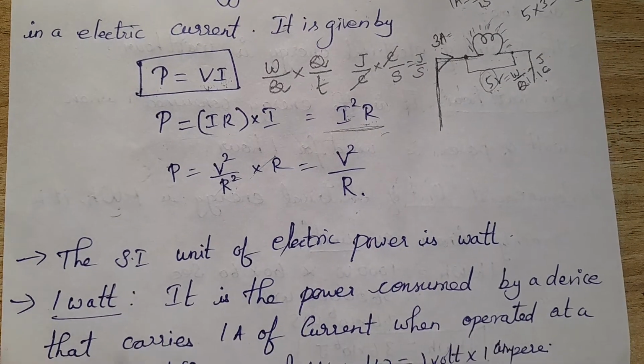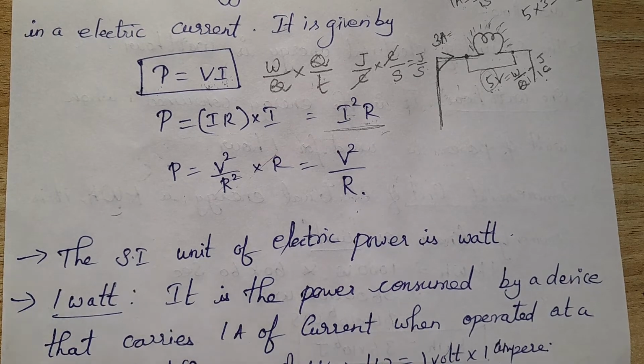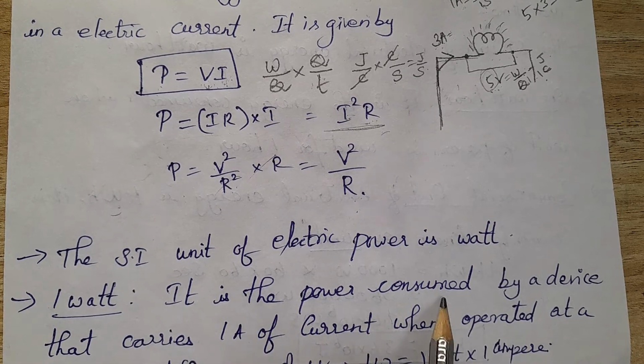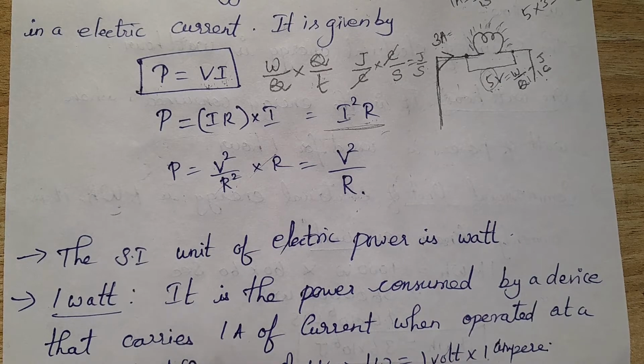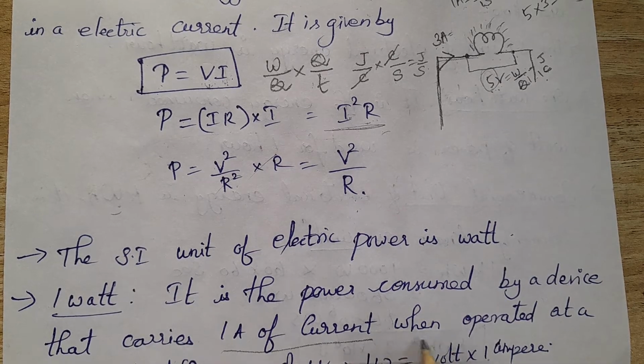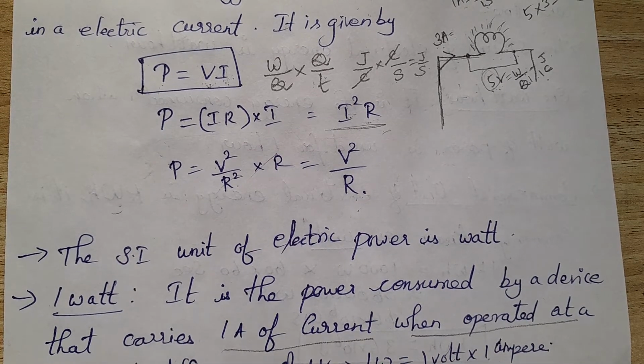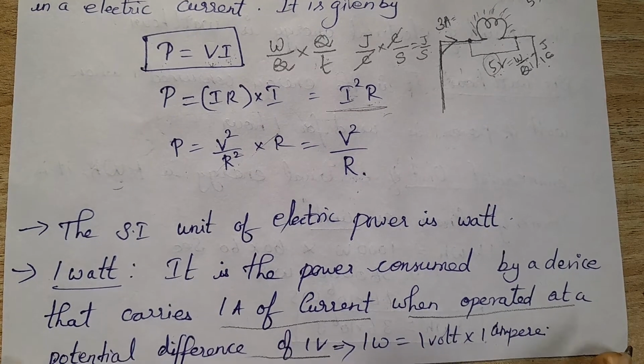Again, what is 1 watt? In terms of electric power, it is the power consumed by a device that carries 1 amp of current when operated at a potential difference of 1 volt.